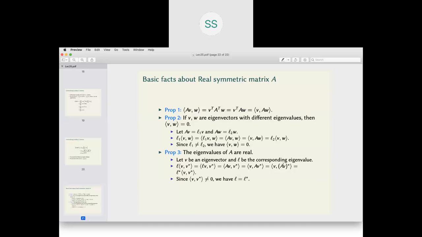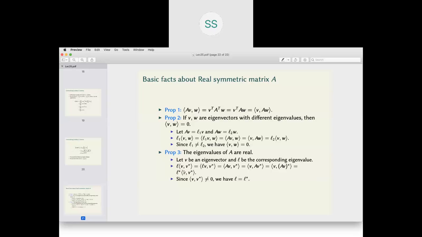You cannot figure out. So basically, AV the whole star, where now AV is equal to LV because of the eigenvalue property. So we have V. What comes out is L star, and hence L times the inner product of V comma V star is equal to L star times V comma V star. Since the inner product cannot be 0 because it's just a squared norm, for this to be 0, the vector itself has to be 0.